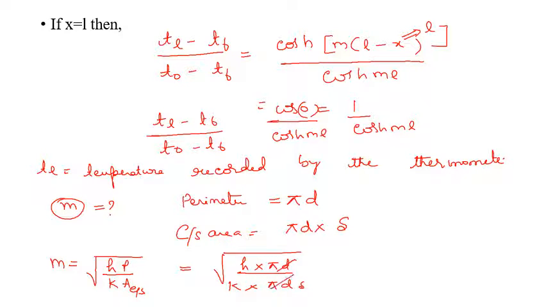So pi d I can cancel and m becomes square root of h by k delta, where delta is the thickness. So this way we can use the concept of extended surface of a fin to measure the error that is happening in the thermometric well.